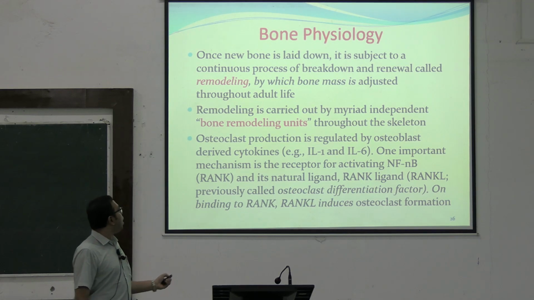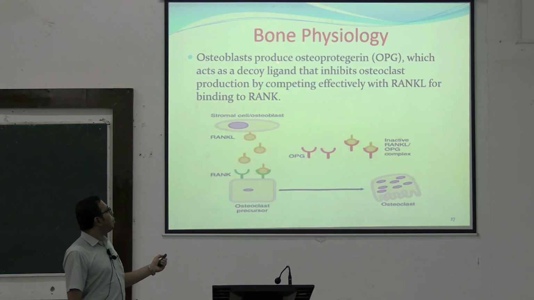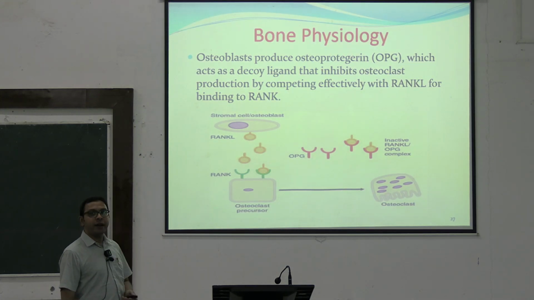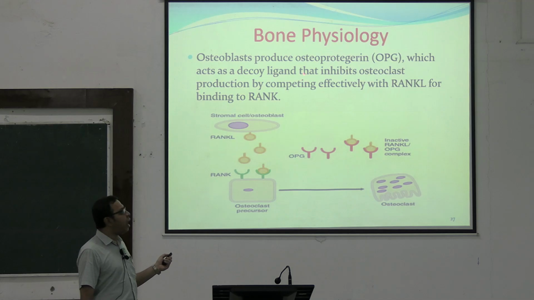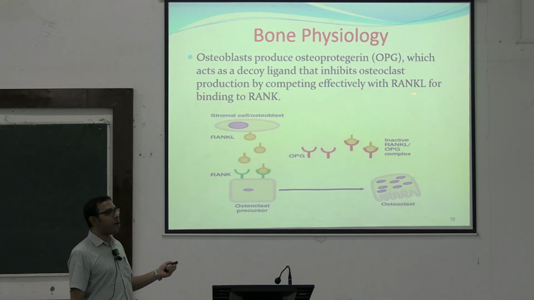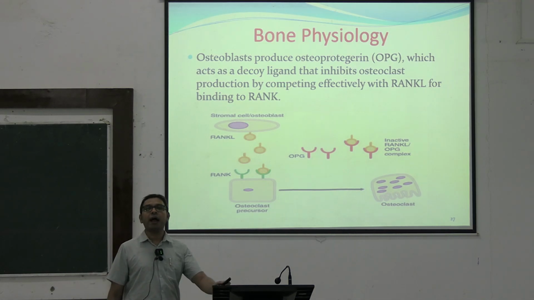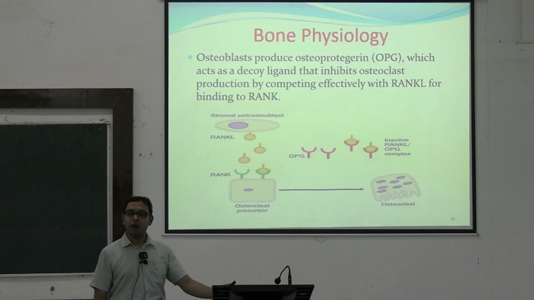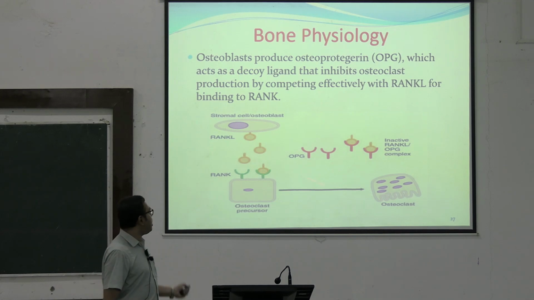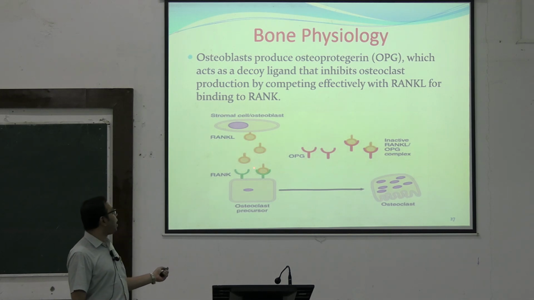Osteoblasts produce osteoprotegerin, which acts as a decoy ligand that inhibits osteoclast production by competing effectively with RANK ligand for binding to RANK. Within the osteoclast precursor cells there is RANK, receptor activator of nuclear factor kappa B. RANK ligand is present on the osteoblast cells.